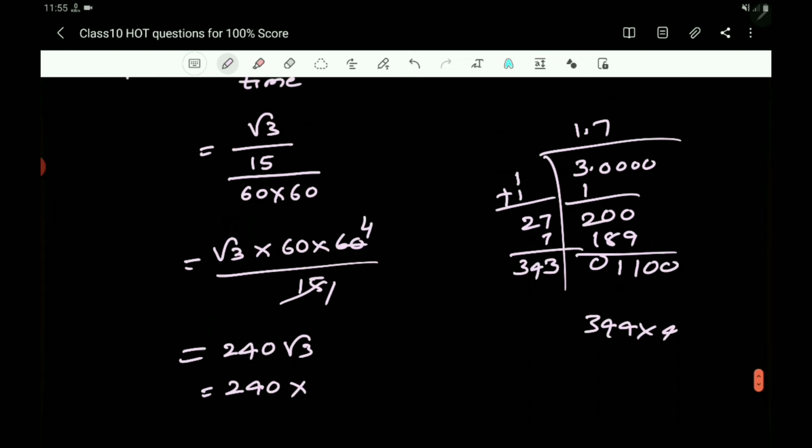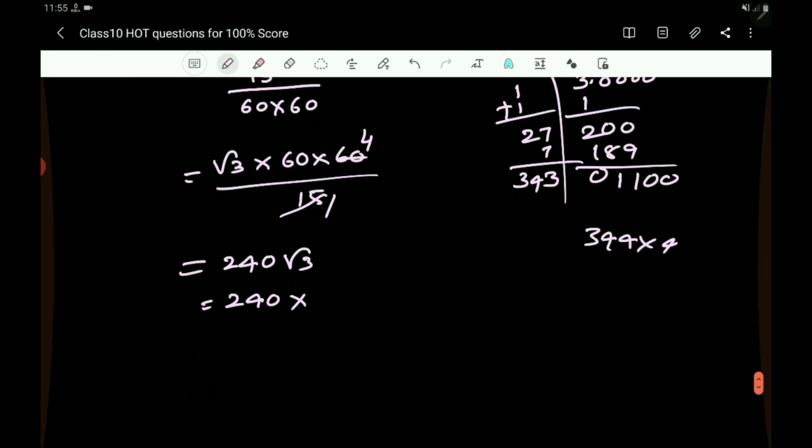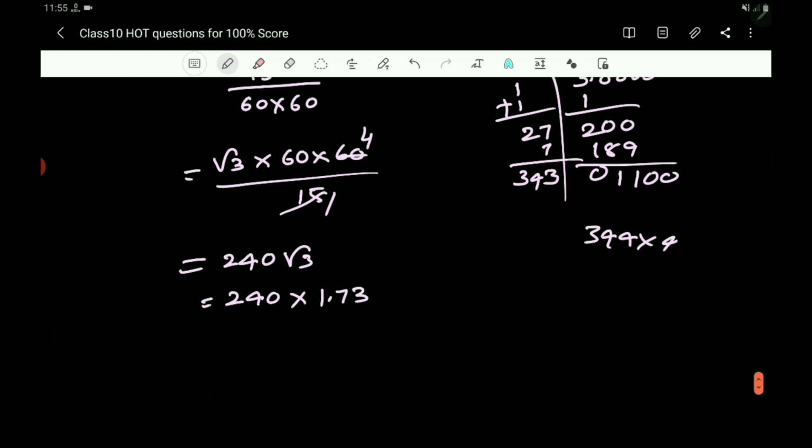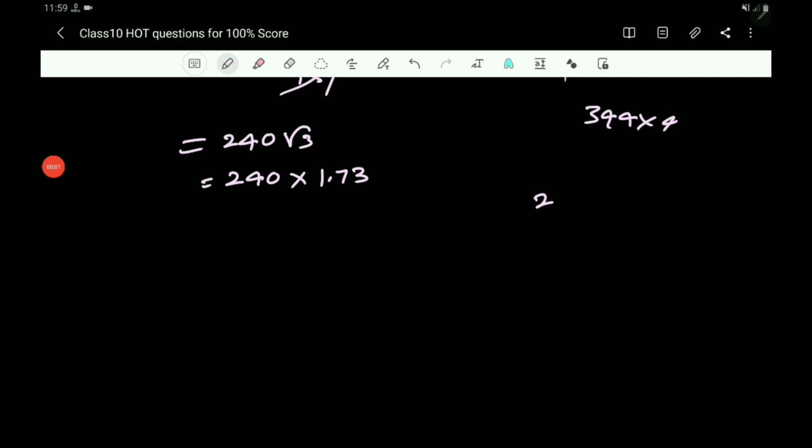So you can take 240 into 1.73. Then you take 240 into 173, that is 3 zeros are 0, 24 threes are 72. Then 17 zeros are 0, 17 fours are 68, 17 twos are 34 plus 6 is 40.